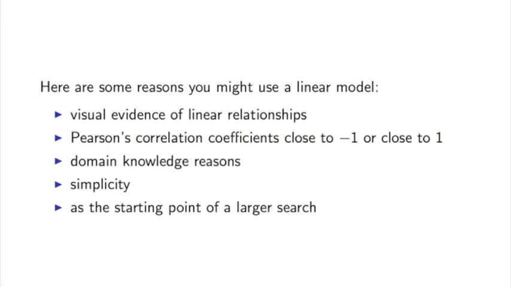You might pick a linear regression model because it's simple and easy to understand, and even if it doesn't give you quite as good a fit, it might be worth it for that reason. Or you might pick a linear model because you're just starting the process, and even if you're going to eventually pick a different model, having a linear regression model that you can compare your model to could be helpful.